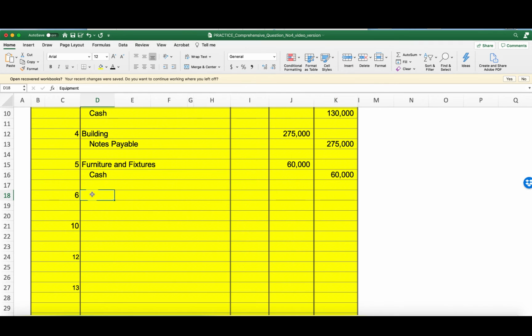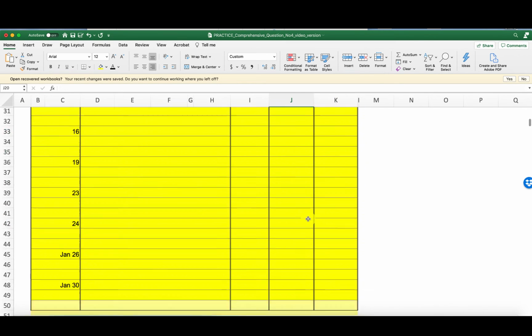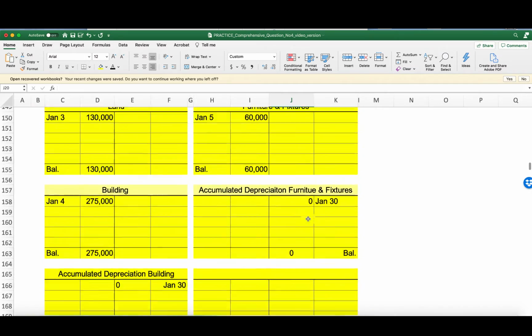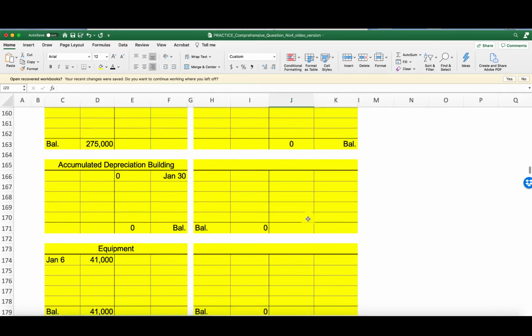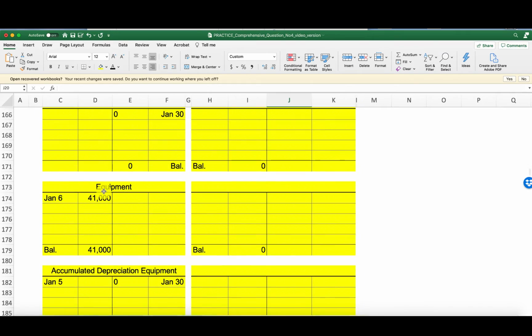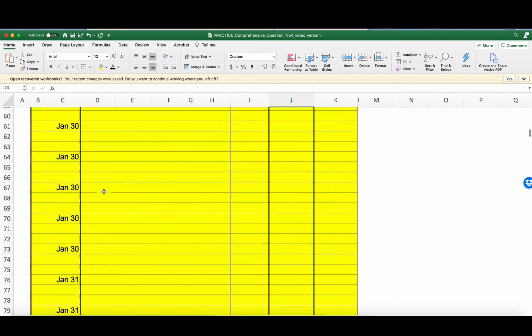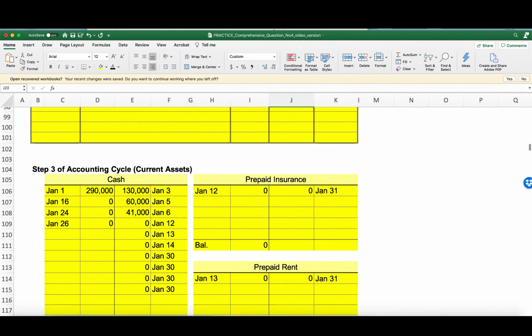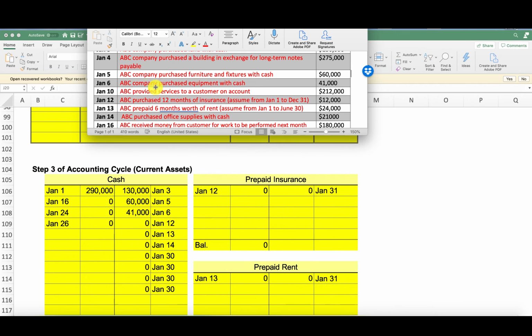So I'm going to debit equipment and I'm going to credit cash, and the amount was 41,000. So 41,000 and 41,000. And then I go down to equipment and I put in the amount here, debit for 41,000, and then I come up to cash and I have the credit for 41,000. All right, we'll do one more.